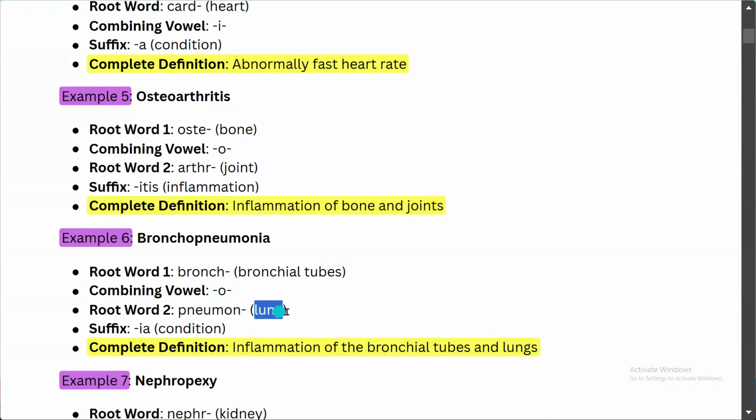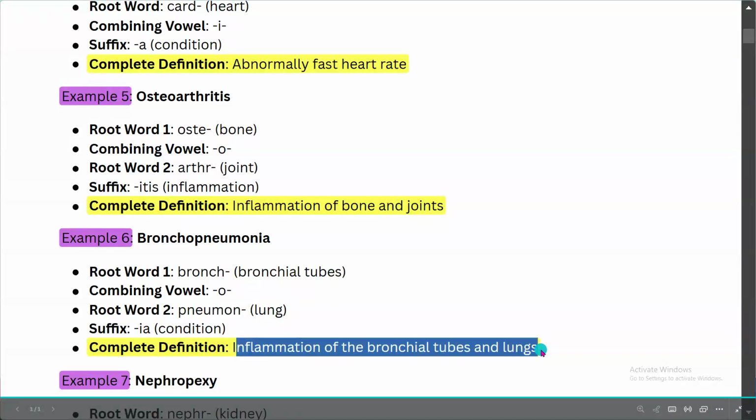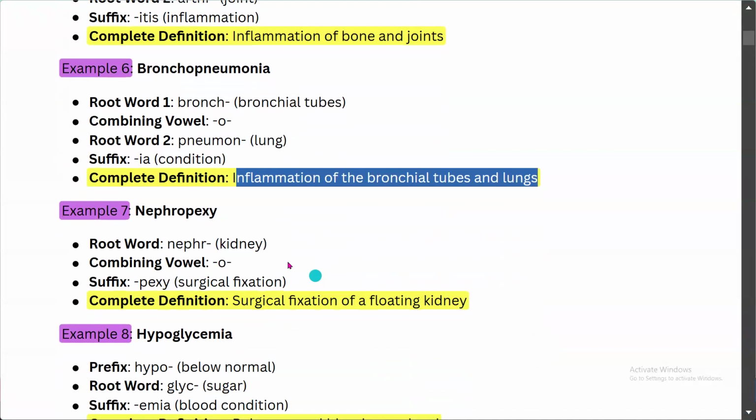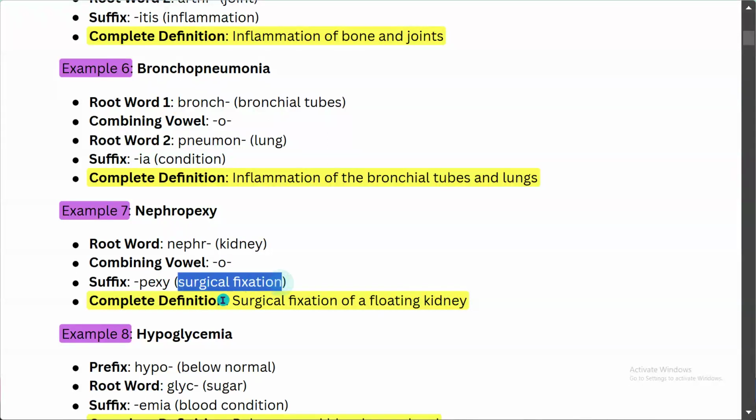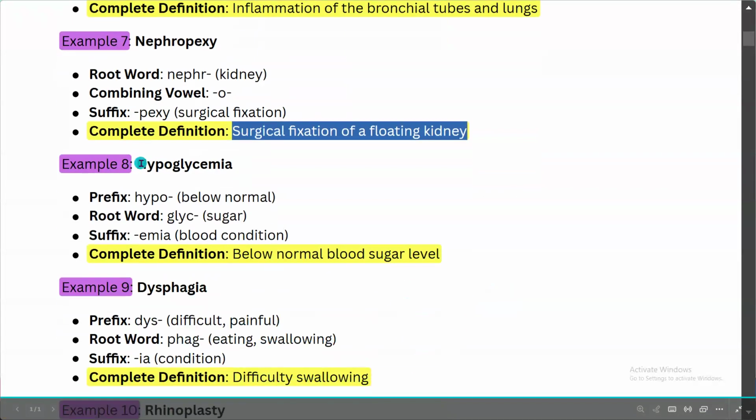The root word here is pneumon, lung, and ia is the condition suffix. So that means inflammation of the bronchial tube and lung. The next example, nephropexy. Nephro means kidney, the combining vowel is o, and pexy means surgical fixation. So that means surgical fixation of a floating kidney.